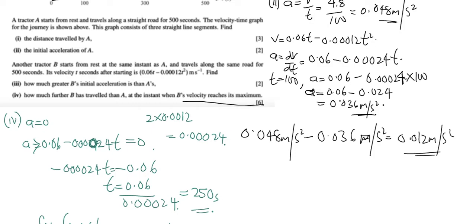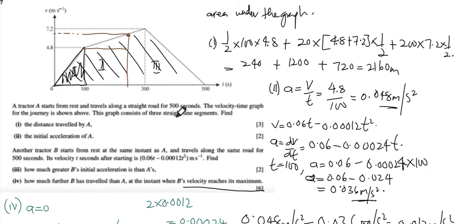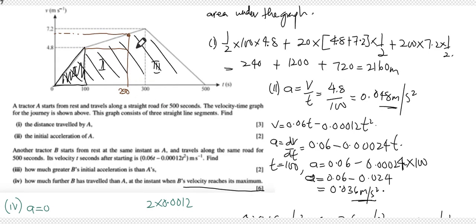So to do this, I need to know the distance A has traveled. In 250 seconds, so that's 100 seconds, and let's assume this is the 250th second. We can use a similar triangle model to find the height here.